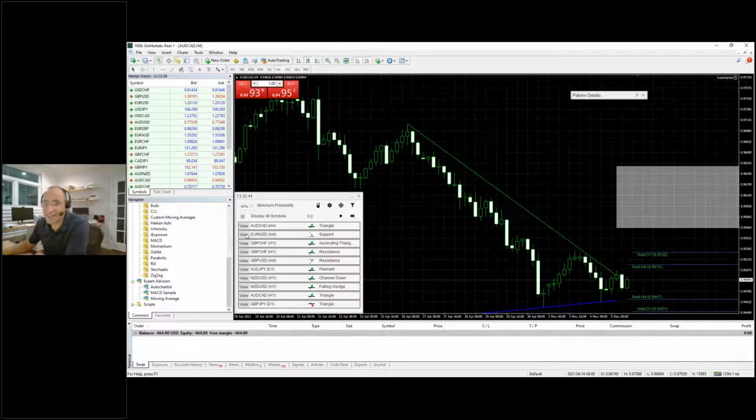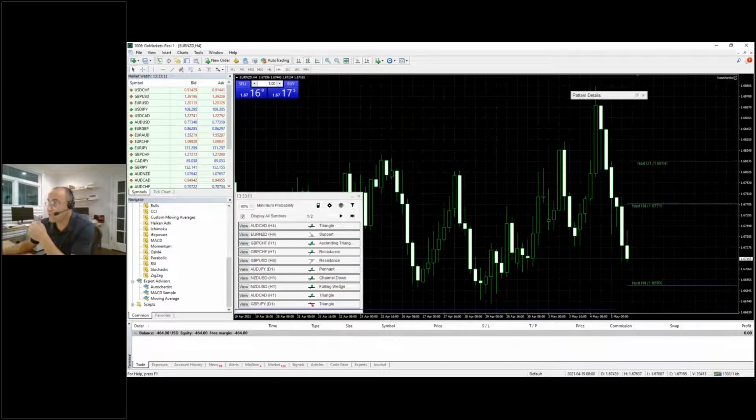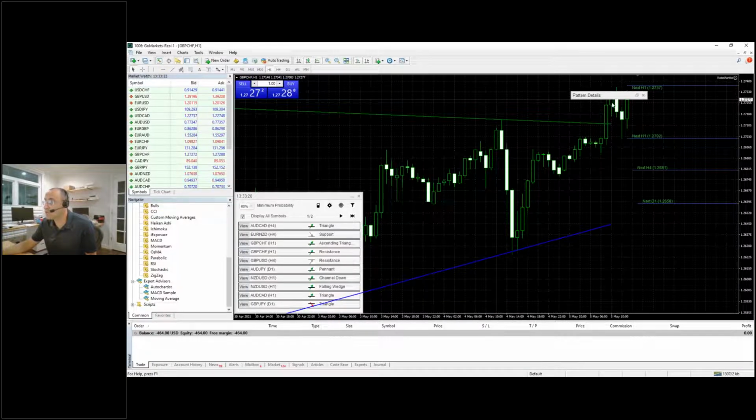It's actually ordered by the age in candles. So for example, this opportunity on AUDCAD is 2 candles old, so it's at the top. You'll find that the EURNZD opportunity over here is probably 2 or 3 candles old. We don't know exactly where it was identified, but it's probably 2 or 3 candles old. GBPCHF, you can see it's 1, 2, 3, 4 candles old, right?